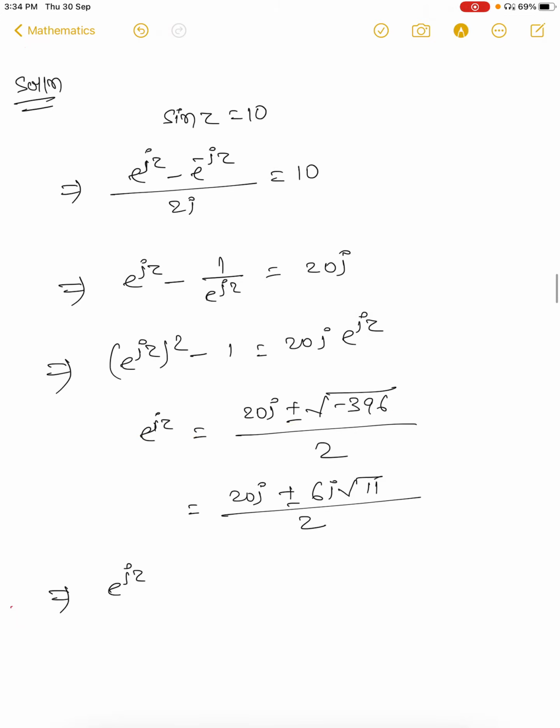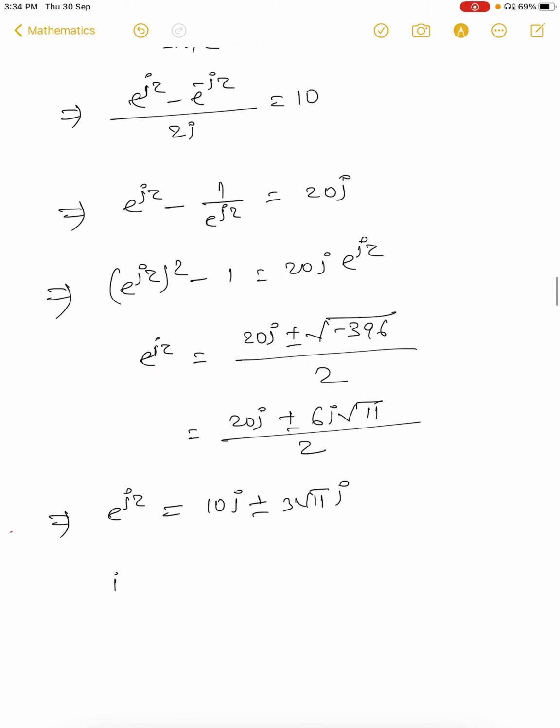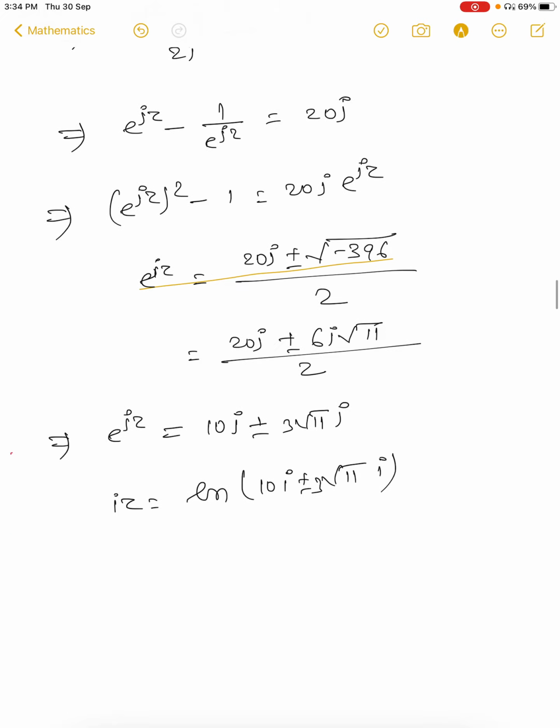After simplification you will get 10j plus minus 3 root 11 j, or jz is equal to ln of 10 plus minus 3 root 11 times j. Sometimes I write i or j, don't be confused, both are the same thing.